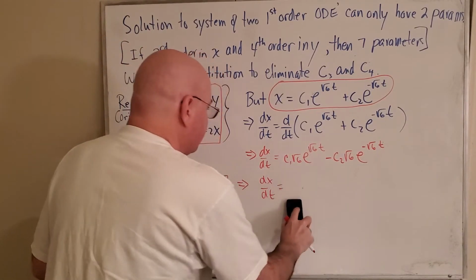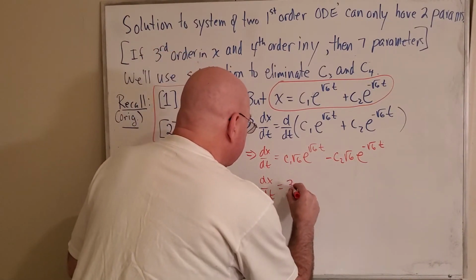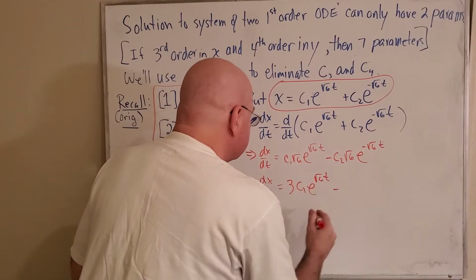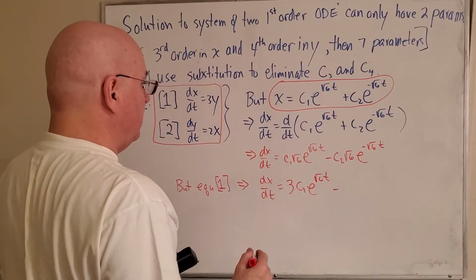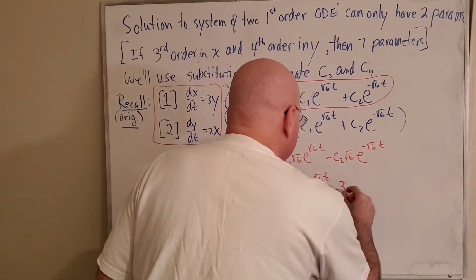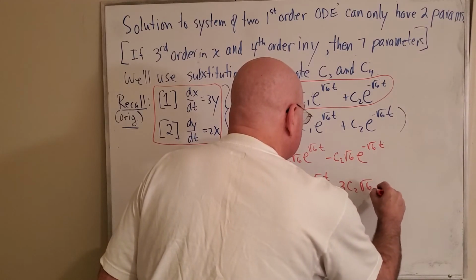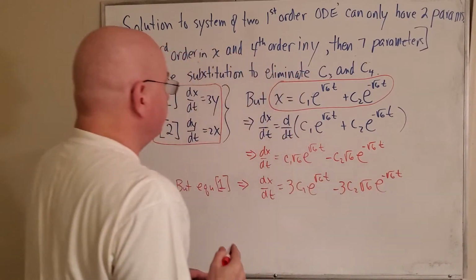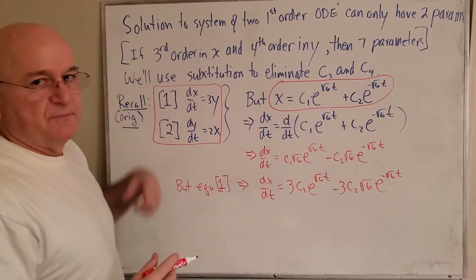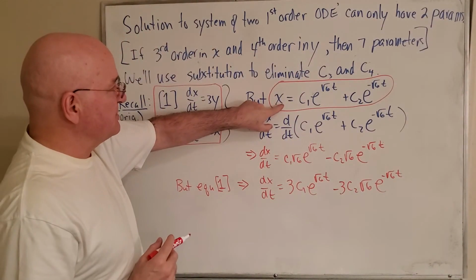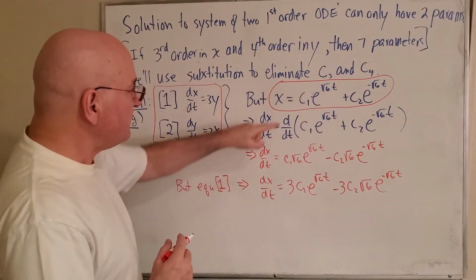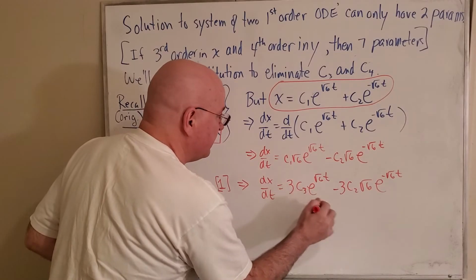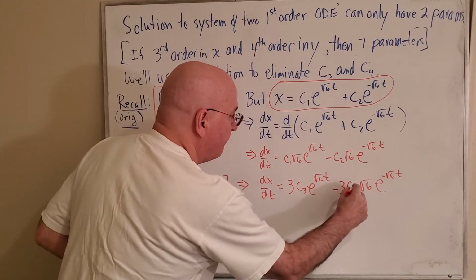So I have to make it 3 c1 e to the radical 6t minus 3 c2 radical 6 e to the negative radical 6t. We know y from the previous board. Remember, it looked just like x, only we had, I made the same mistake. That's c3 and that's c4.